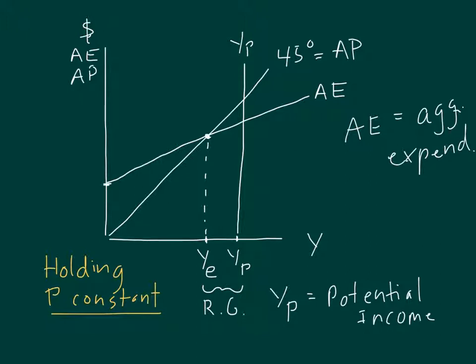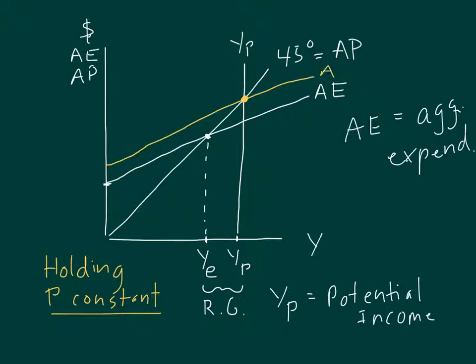So what we're going to do next is draw a new aggregate expenditures curve, which will allow us to eliminate the recessionary gap and arrive at YP, potential income. And just noting here, this is where we're trying to get to, where YP intersects the aggregate production line. So what we're going to have to do is shift aggregate expenditures up by an amount which allows us to hit that intersection point.